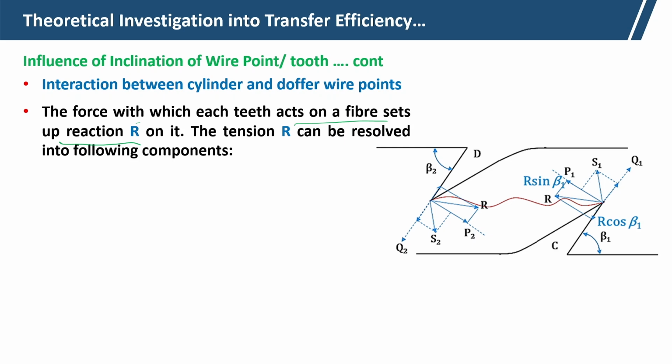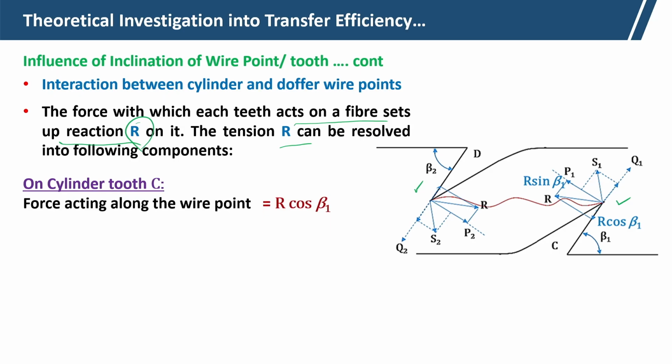One tooth of the cylinder is acting against another tooth of the doffer, and in between, the tension on the fiber is R. R can be resolved into the following components on cylinder tooth C: the force acting along the wear point.